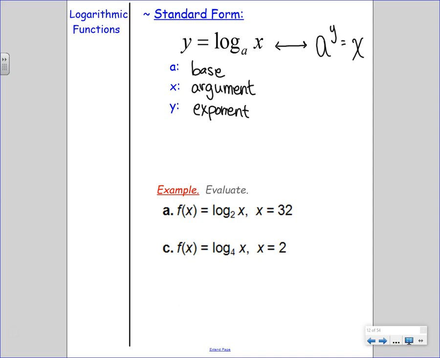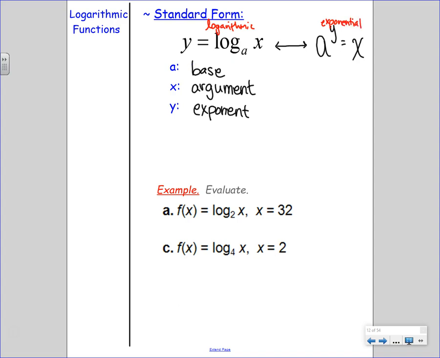Base to exponent equals x. This conversion is one you talked about last year. This one is technically our logarithmic form, because it has a log, and this one is our exponential form, because it's written with exponents.